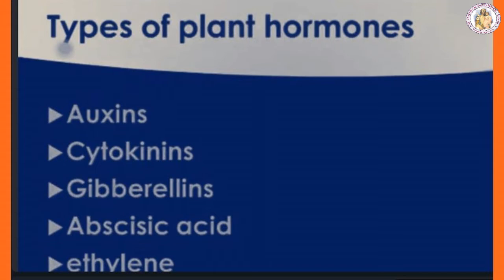Among all these plant hormones, the first 3, auxin, cytokinin, gibberellin, these 3 hormones promote plant growth, while abscisic acid and ethylene prevent or inhibit plant growth.